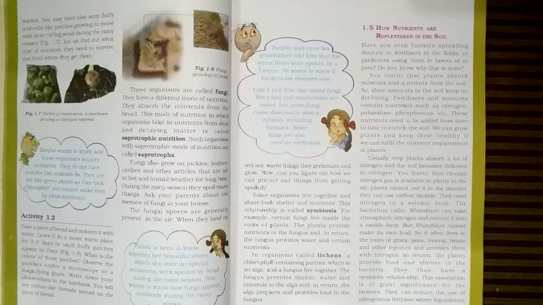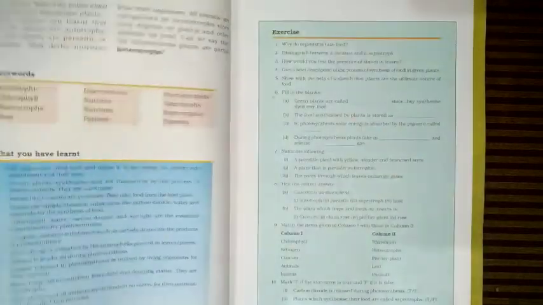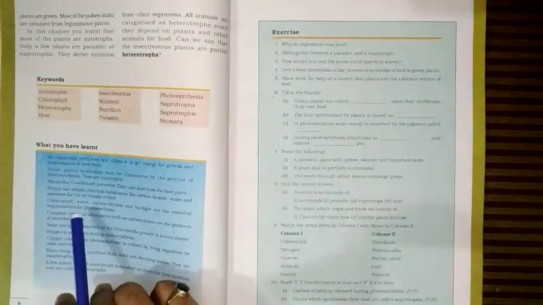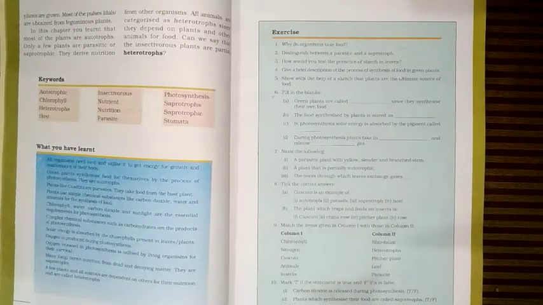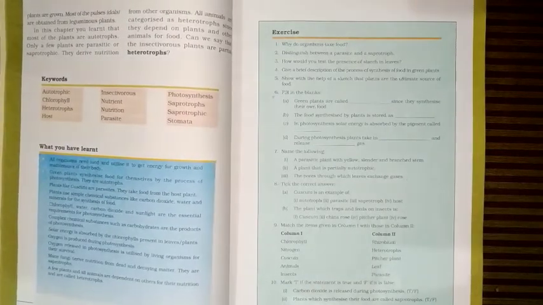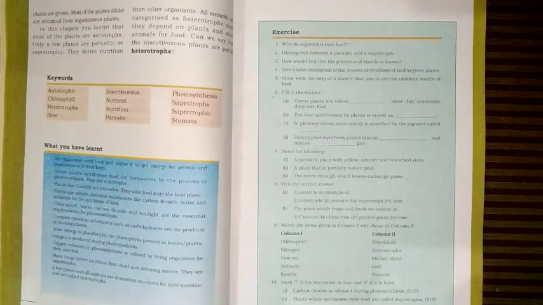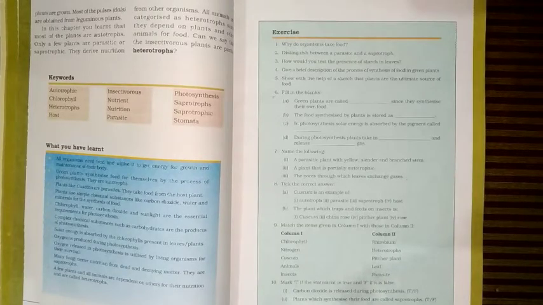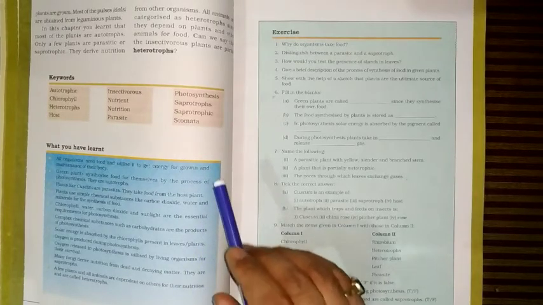This association is of great significance for farmers. They can reduce the use of nitrogenous fertilizers. Most of the pulses are obtained from leguminous plants. Now we have seen in this chapter that only plants are autotrophs, which can synthesize their own food, and all other organisms derive their food from plants only.